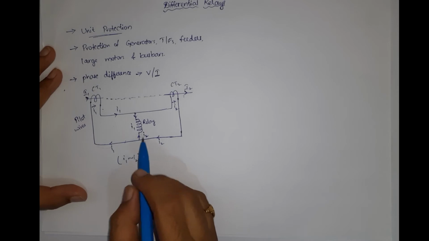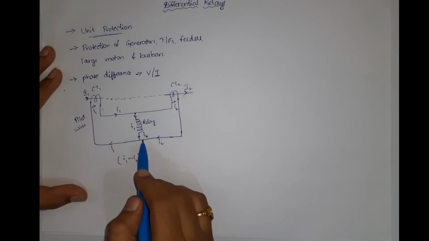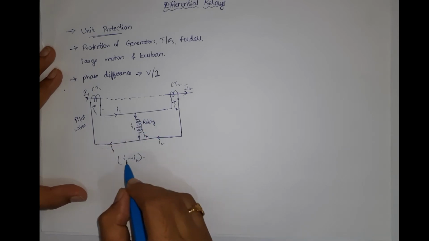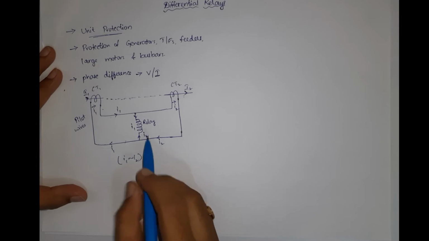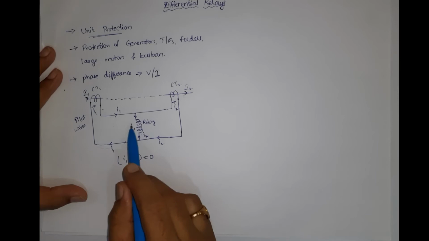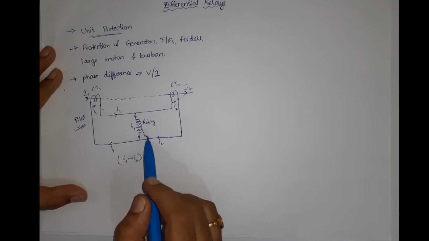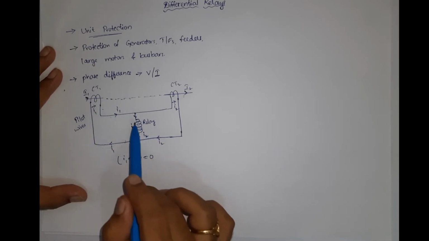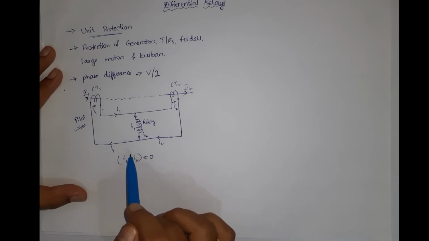So if I1 equals I2, with no fault, I1 minus I2 will be 0. That means there is no net current flowing through the relay, so the relay is not operating. This is the normal condition operation of the differential relay.